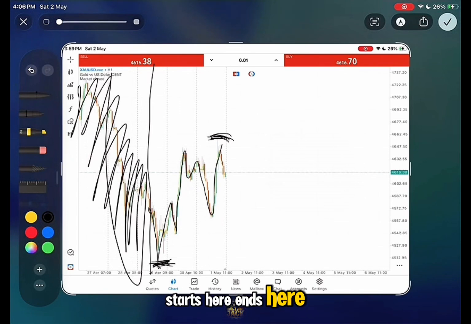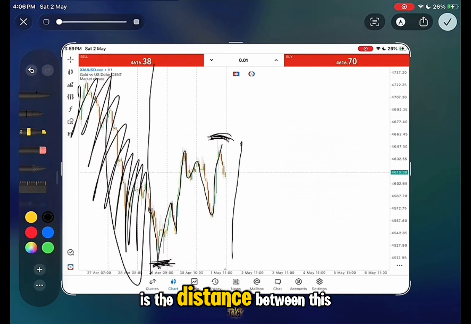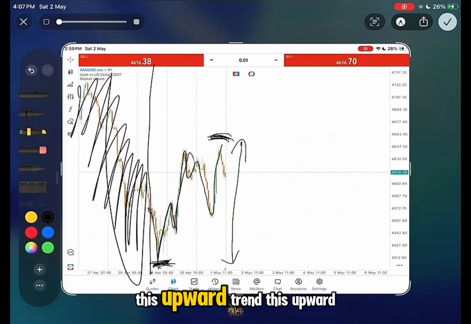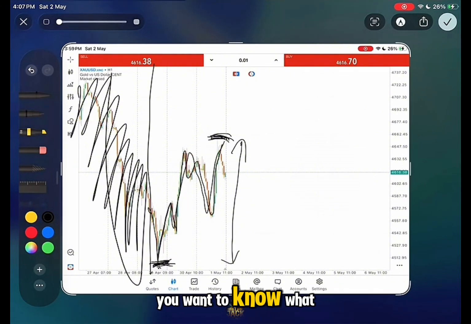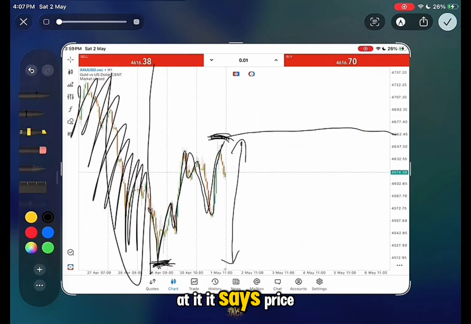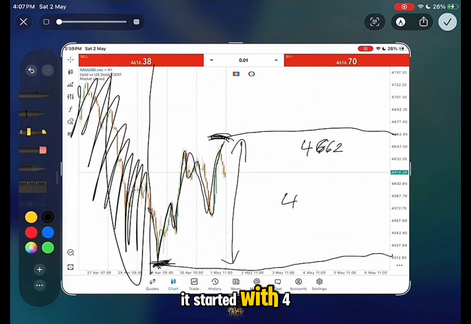Starts here, ends here. You want to know what is the distance of this upward move. Well, if you look at it, the price says 4662. Correct. It started at 4512. Now, from 4512, it went up to 4662.